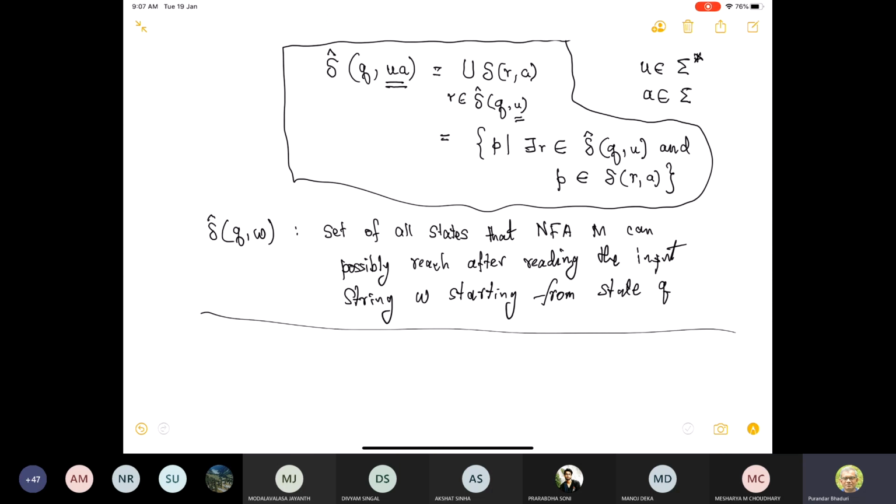So given this definition, we say that M accepts W if delta Q naught W intersection F is non-empty. Remember, this is a set of states, and this is really delta hat.